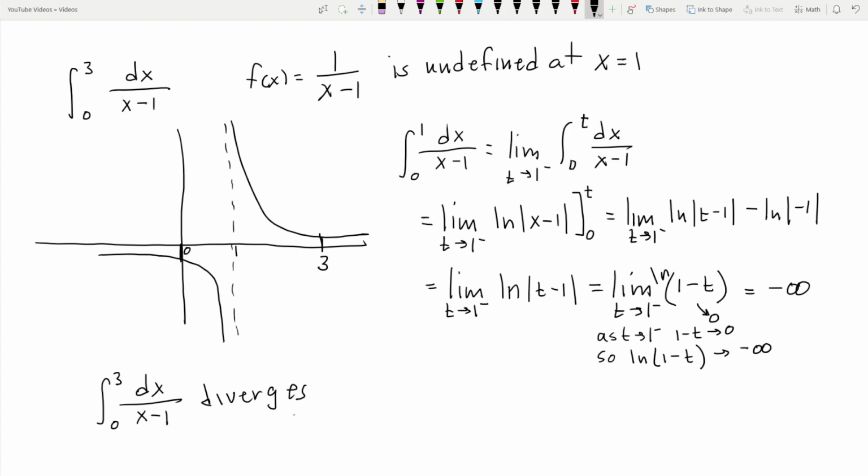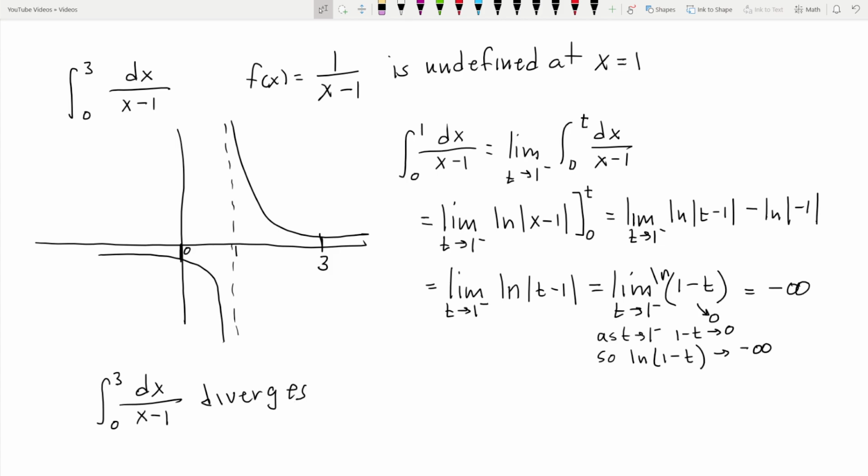Now, you have to be careful here, because if you hadn't noticed that there was an asymptote there and just tried to evaluate this without noticing that it was an improper integral, you would actually come up with a finite value.